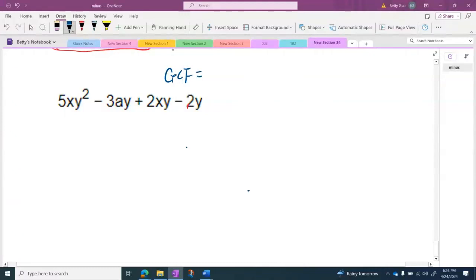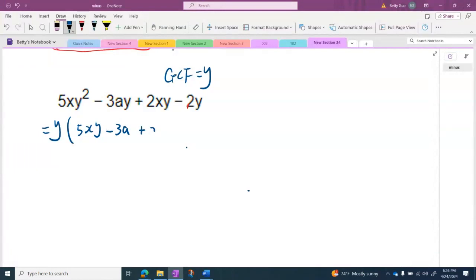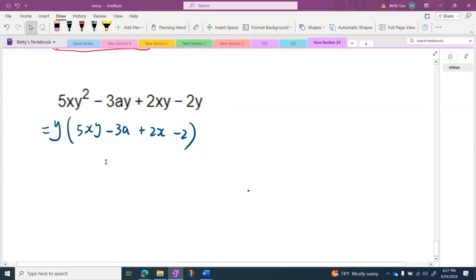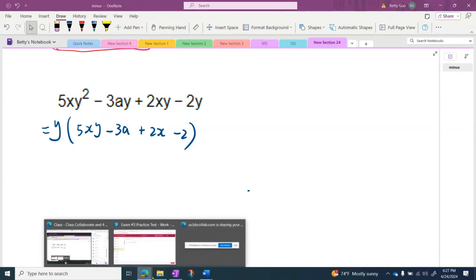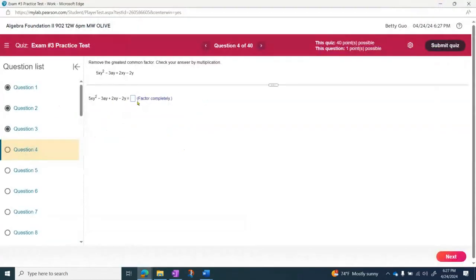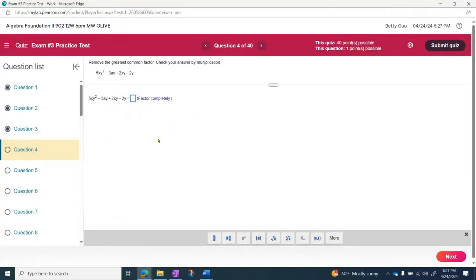GCF is y. Let's factor y out. So 5xy here minus 3a plus 2x minus 2. Why do we have an a here? And that's it. Yeah, I make it too complicated, but actually this is pretty simple.